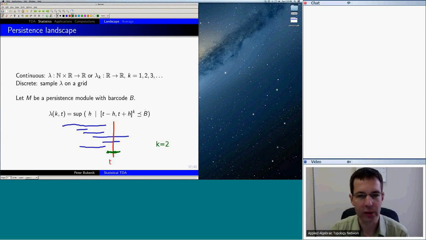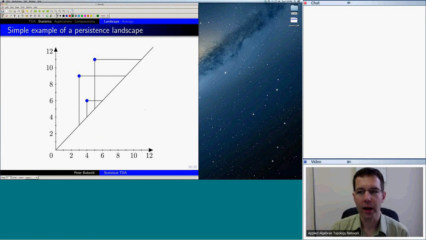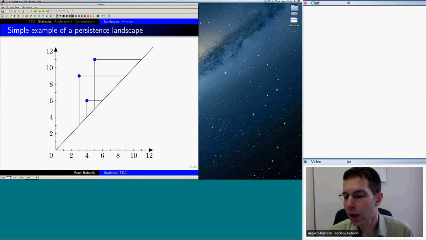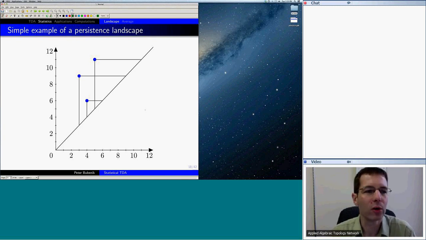Let me give you a different construction. It's going to start with the diagram, which is of the endpoints of each of the intervals in the barcode. Now I'm going to use another function that's from the persistence world, which is the rank function.